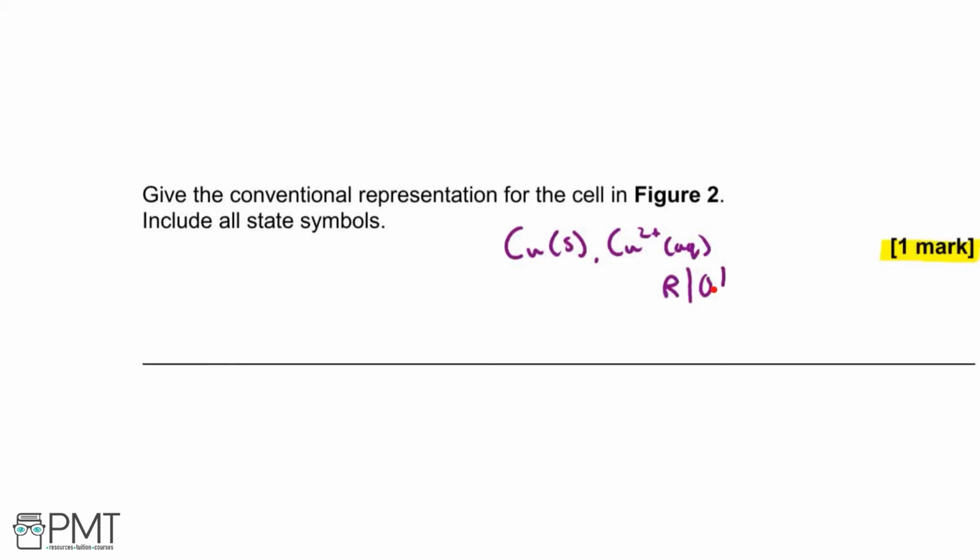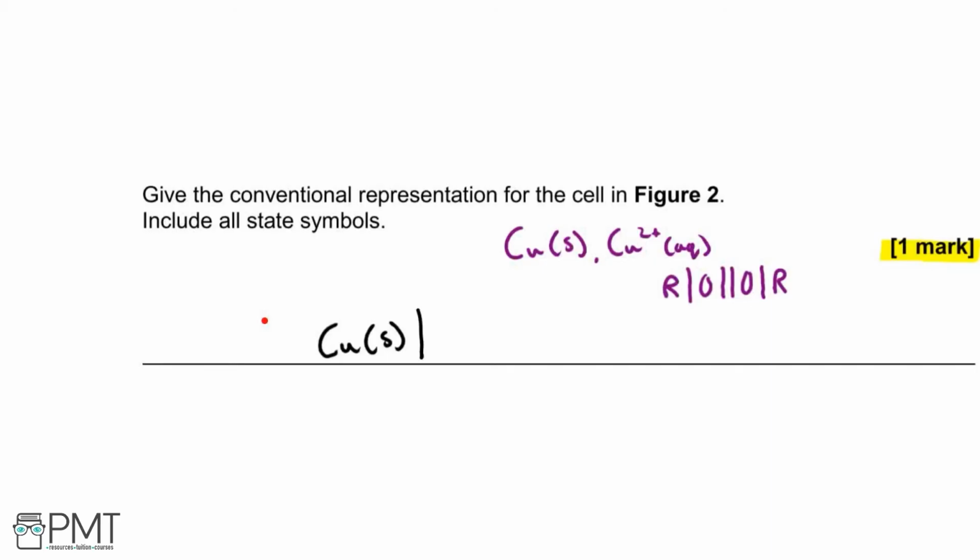Then we have a double vertical line, which represents the boundary between the 2 half cells. Then we have the most oxidized species in the right-hand half cell. Then another single line representing another phase boundary between the most oxidized species in the right-hand half cell and the most reduced species in the right-hand half cell. So, in the case of this cell, the most reduced species is the solid copper.